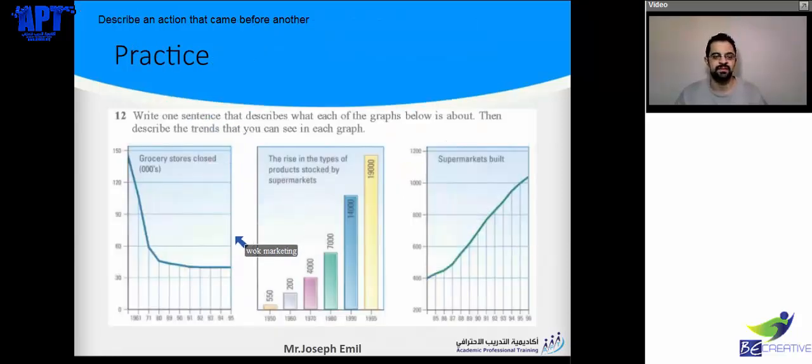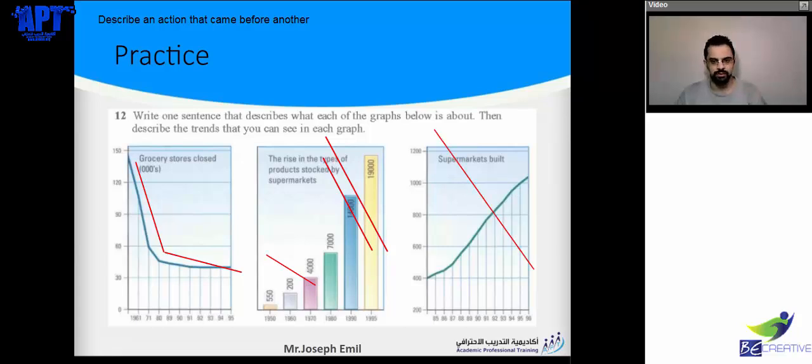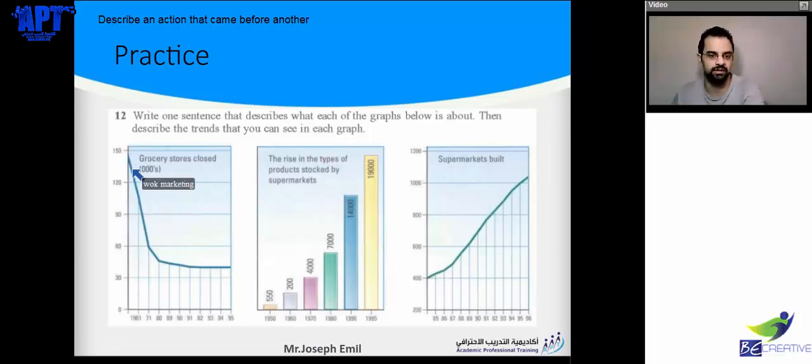Let's write a sentence that describes what each of the graphs below is about, then describe the trend we can see in the graph. First, we need to see the trend. So we first draw very simple lines that simplify how the graphs are. And this is a steady increase. So you can see that I can simplify these graphs using very simple straight lines.